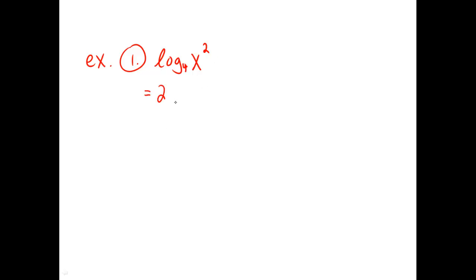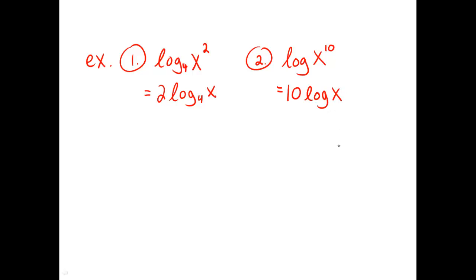So this is the same as 2 log base 4 of x. Okay, our next example, let's say we have log x to the 10th, so our common logarithm. And again, same thing, the exponent can be moved out front.